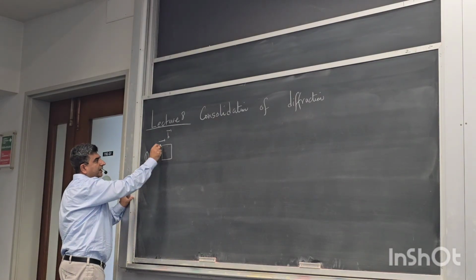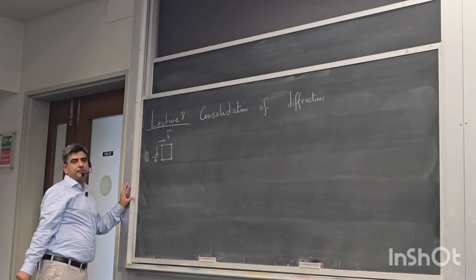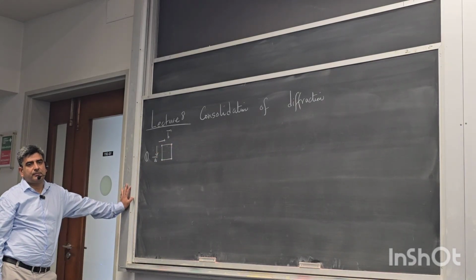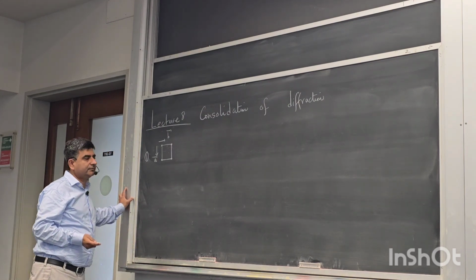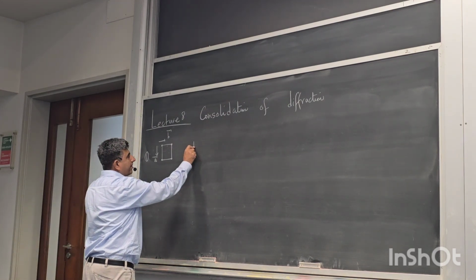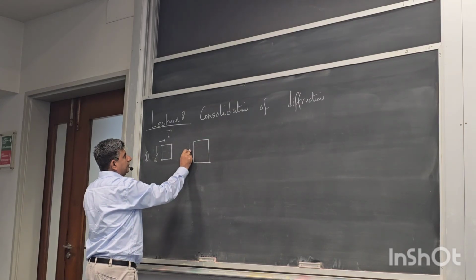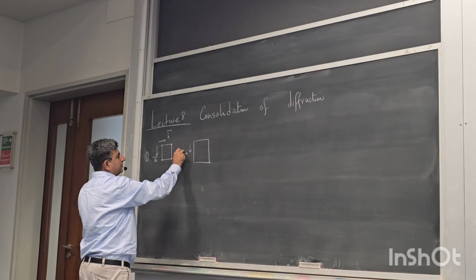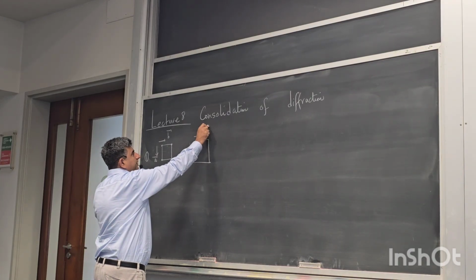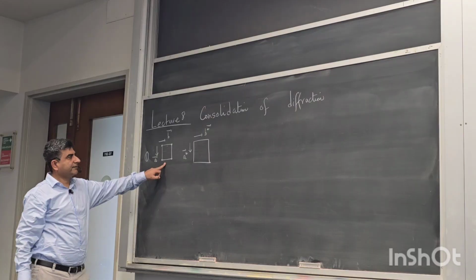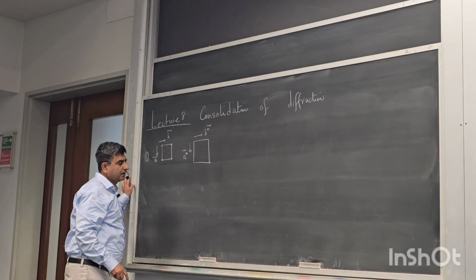Suppose this is our primitive cubic lattice. From here you define the reciprocal lattice, A star, B star, other translation vectors. If the direct lattice is primitive, the reciprocal is also primitive.